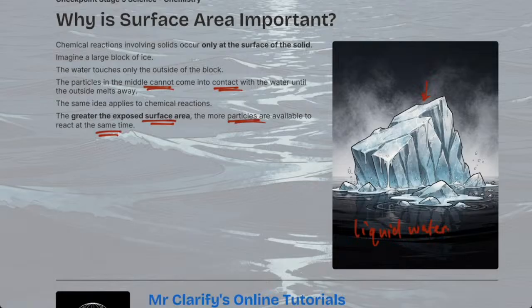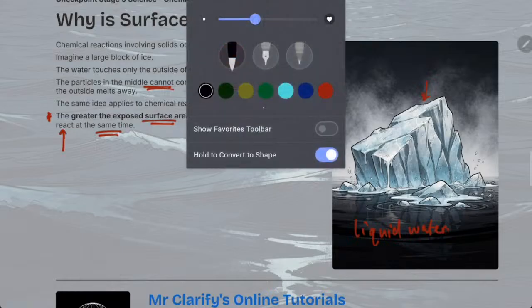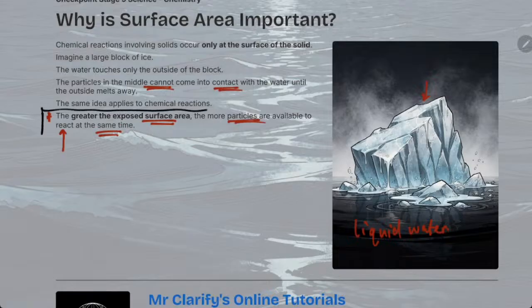Okay, why is surface area important? Why should a person know about surface area? Yes, when you expose more surface area, there will be more particles available to do what? To react at the same time or at that particular time. So you are going to need to box this up.